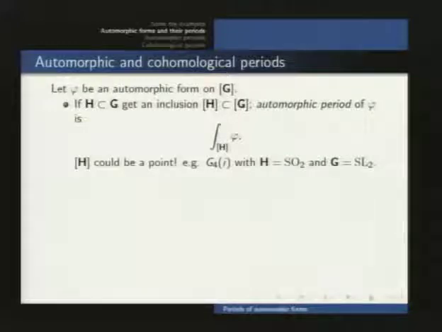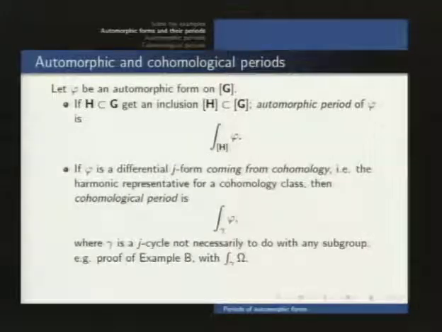The second thing is meant to kind of generalize example B, where I was integrating a differential form. So suppose you have a differential form that comes from cohomology. So that is to say, the harmonic representative for a cohomology class. That might seem very special, but it has a kind of role of distinguished importance, which I'll come to later.